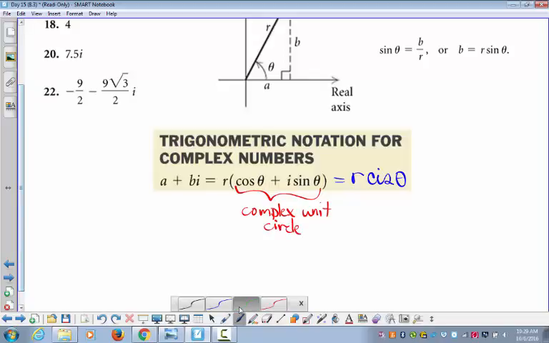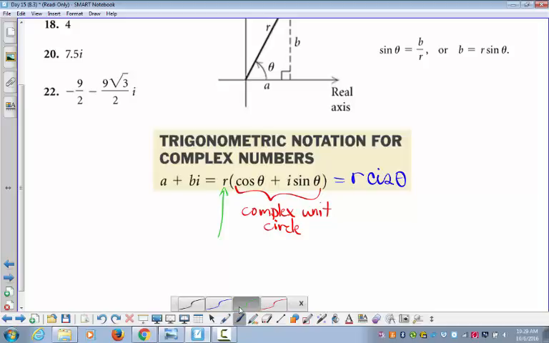And then this piece tells us how far from the origin. So if we're dealing with an r value of 1, we're staying on the complex unit circle. If that r value is 2, we're going to move to 2 units away from the origin. If that were 1/2, we'd move inside the complex unit circle to 1/2 a unit away from the origin.